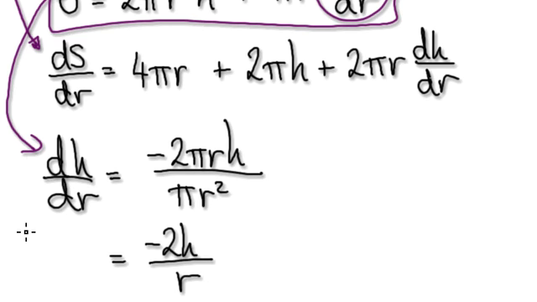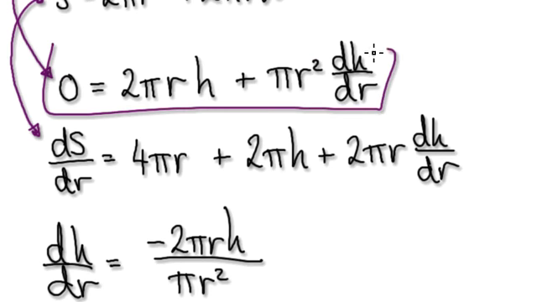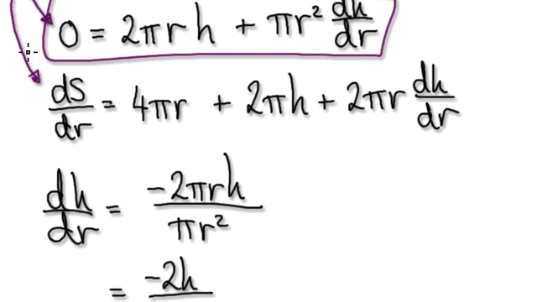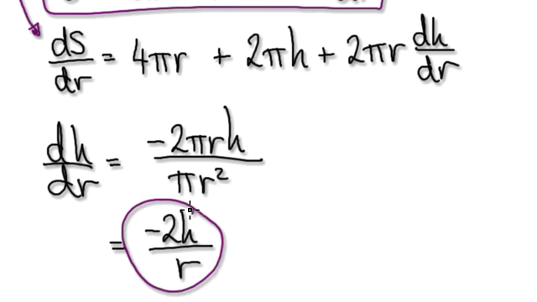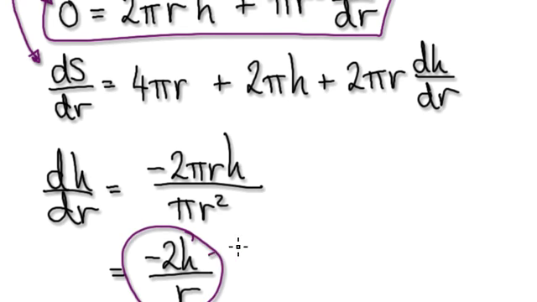So dH by dR equals this thing here, using this here. So now we can then put this into here.